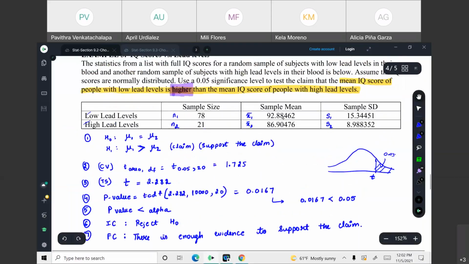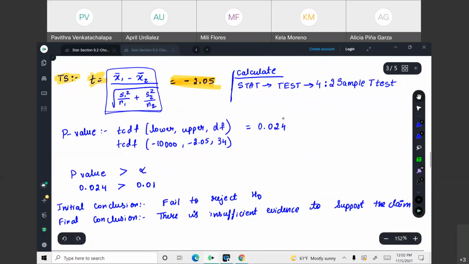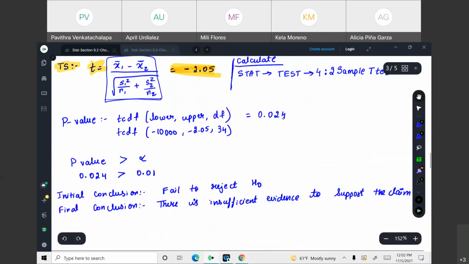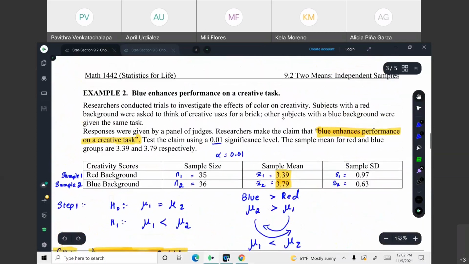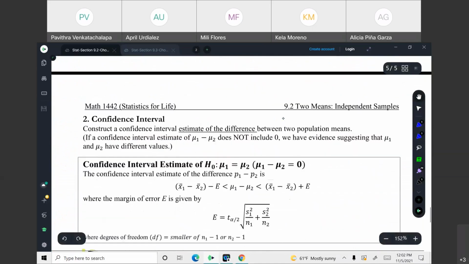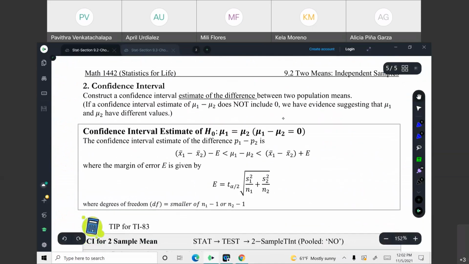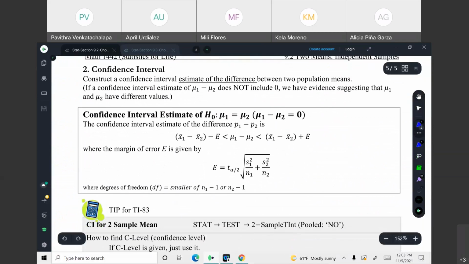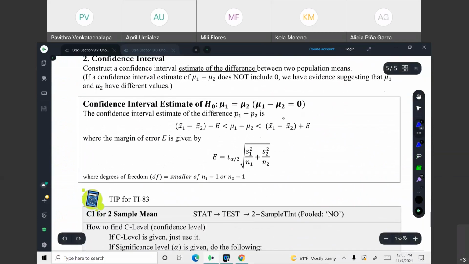So this is the continuation of section 9.2, chapter 9. We completed example 3, and now we will see how to calculate the confidence interval. It is just one step extra.